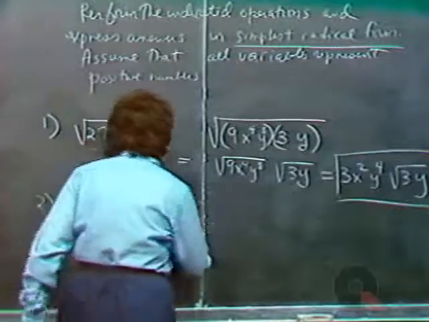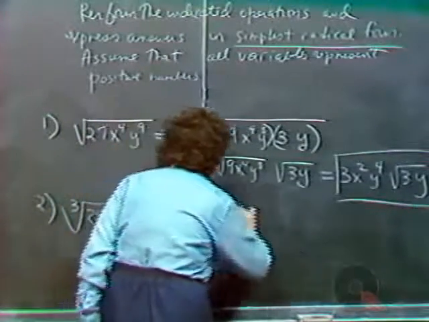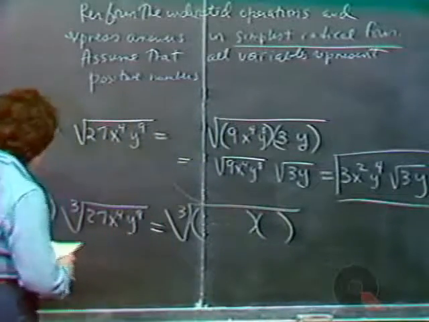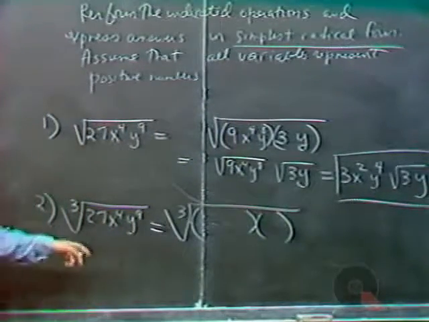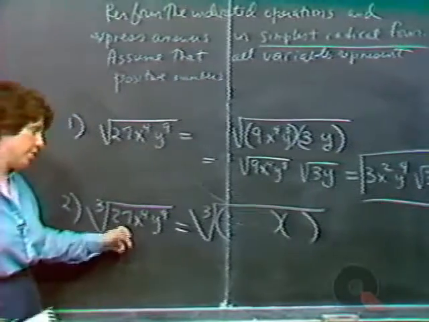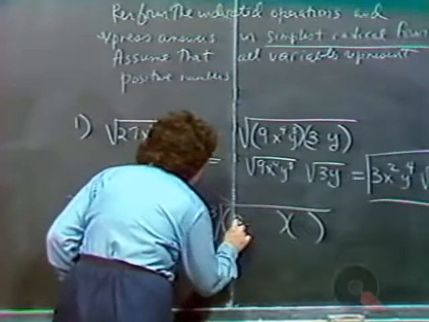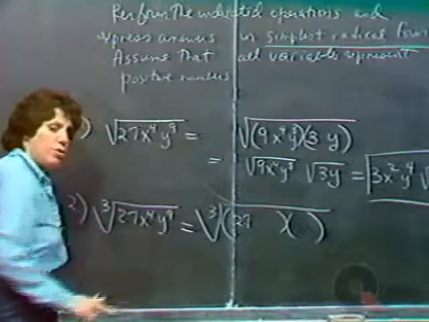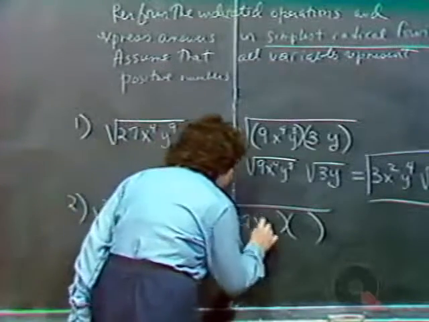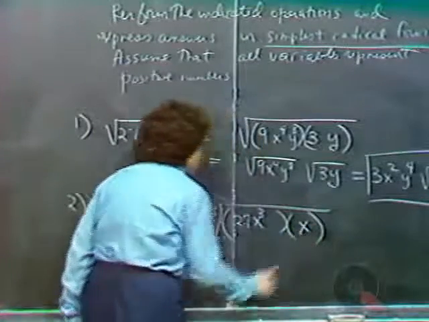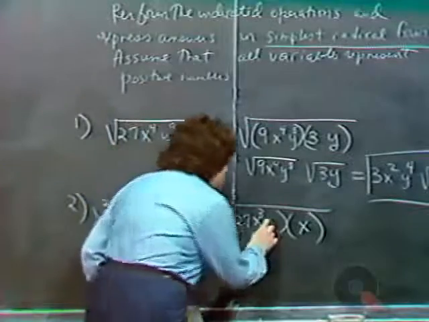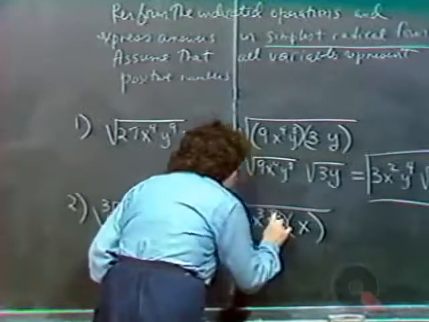So I'm going to write this as the cube root of, now 27 happens to be a perfect cube, so I'll put the 27 in the perfect cube portion. X to the 4th I'm going to rewrite as x cubed times x, because x cubed is a perfect cube. And y to the 9th happens to be a perfect cube already.